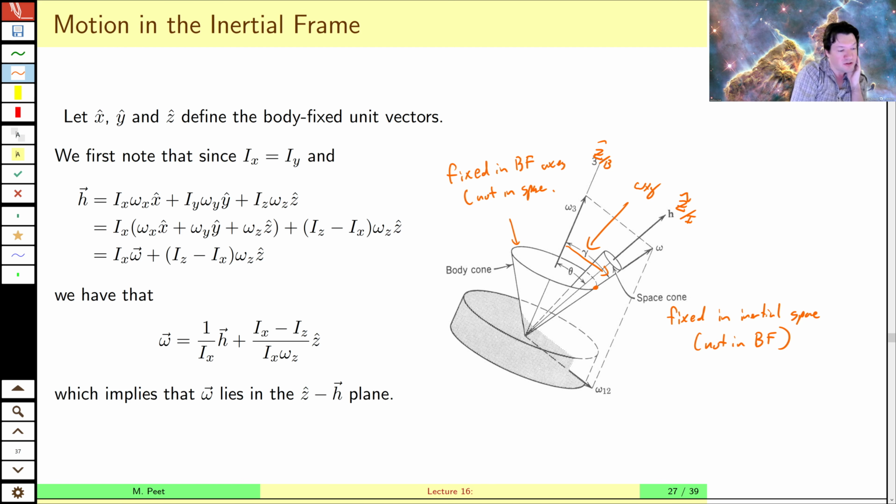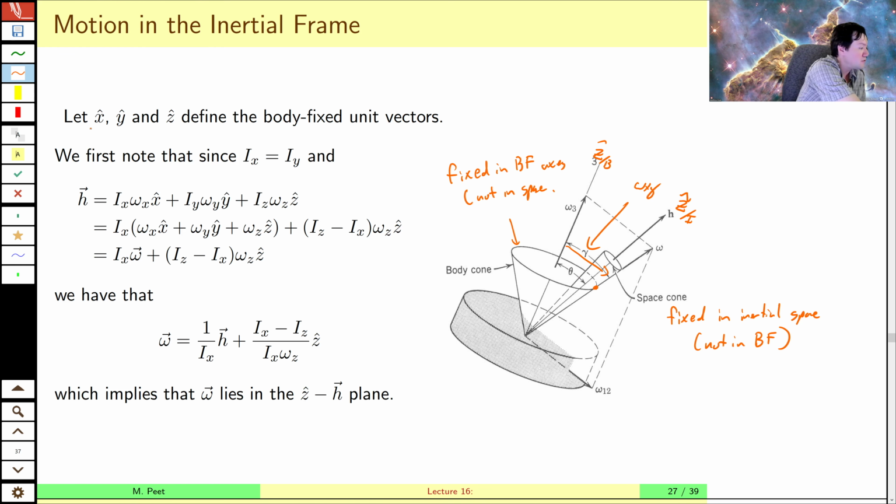And so now we will show that the orientation of this angular velocity vector in the inertial cone with respect to h can be determined, not just by this gamma, but by this other angle theta here. So we'll talk about that, derive that in a second.